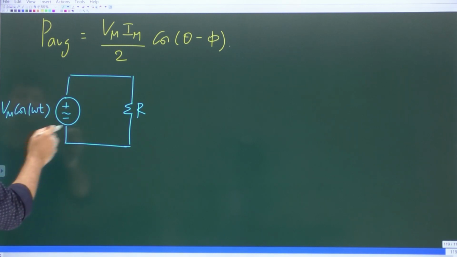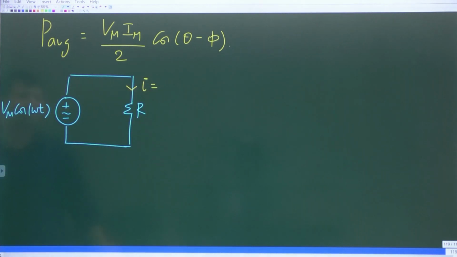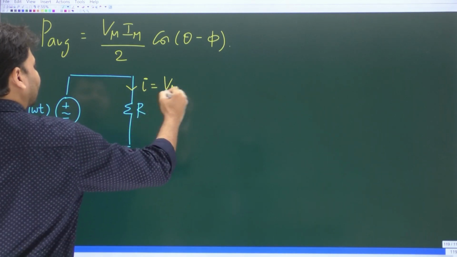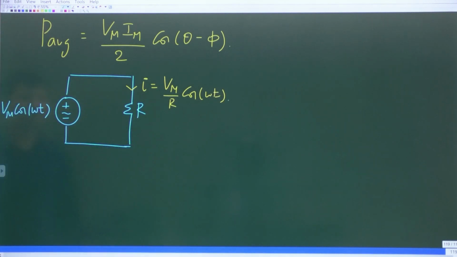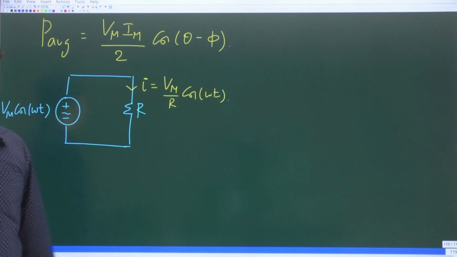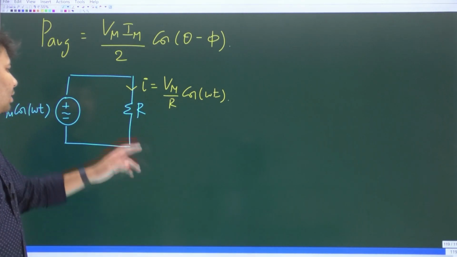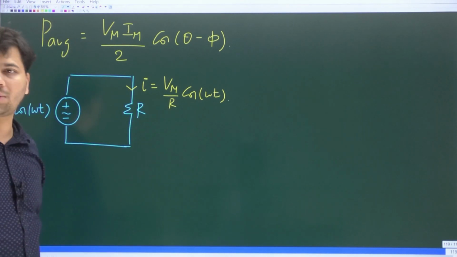Now, when you apply the sinusoidal voltage across the resistor, what is the current flowing through the resistor? By Ohm's law, voltage divided by resistance gives the current drawn by the resistor. So it is Vm by R cos omega t.